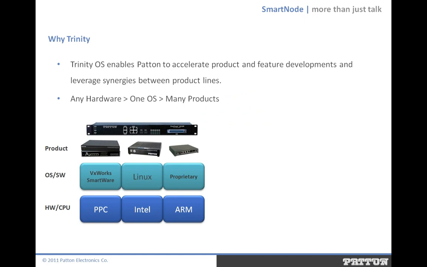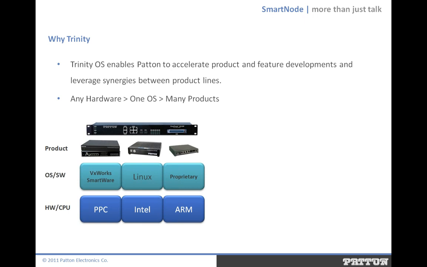So we have PowerPC architectures, we have VxWorks, we have Intel, we have ARM architectures among our product lines, and I mean the complete Patent product line, DSL, routers, modem, remote access servers, connectivity equipment, and voice over IP gear. So we're maintaining these different hardware lines, different operating systems, and different products.